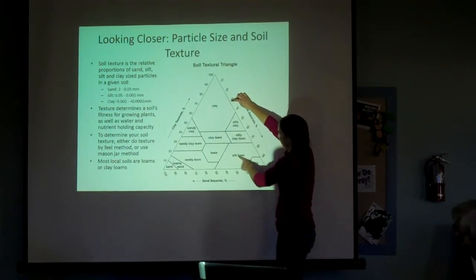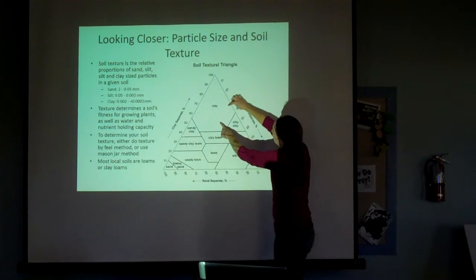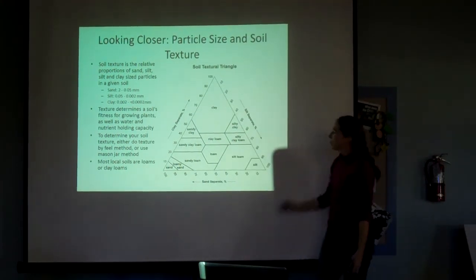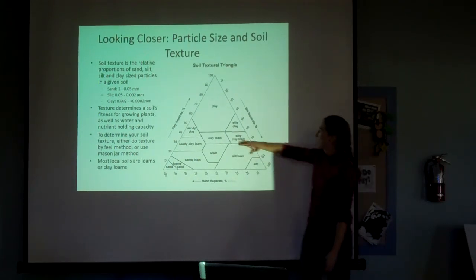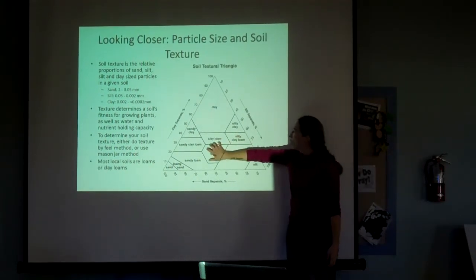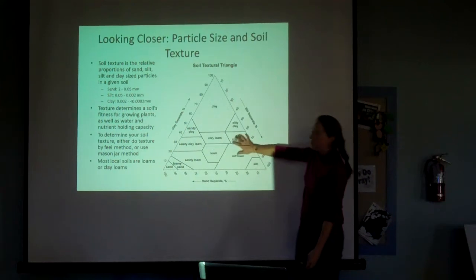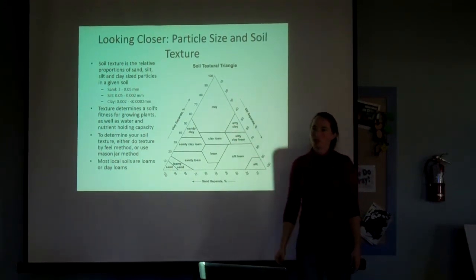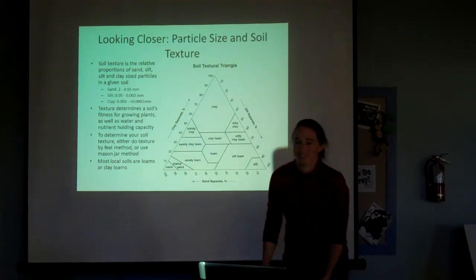So you find 20, you find 30, and that's right there. Your soil is a clay soil. Most of the soils locally are actually in the clay loam neighborhood here. There are very few soils in the Livermore Valley that are truly clays.